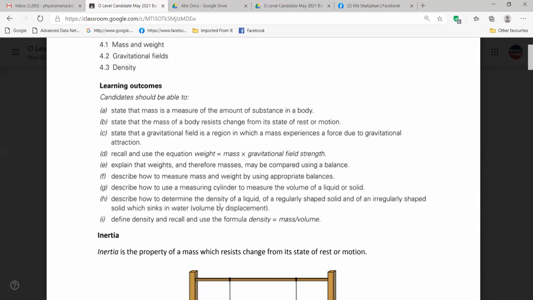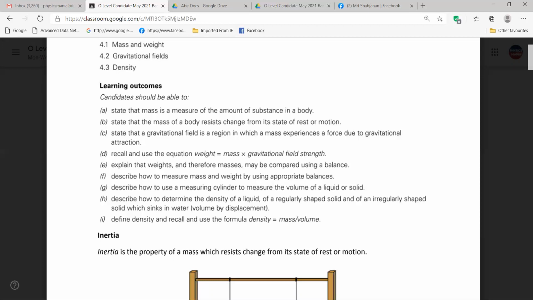And you know how to get the density of a regularly shaped object. For a regularly shaped object, we need a formula to get the volume. Then after getting the volume, it's easy, right? Mass you can measure with the balance.